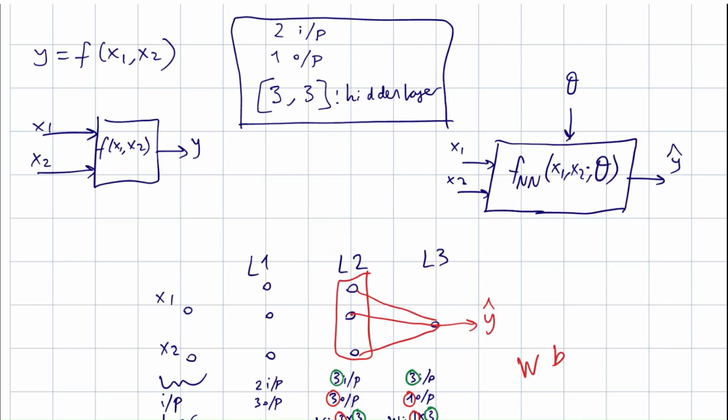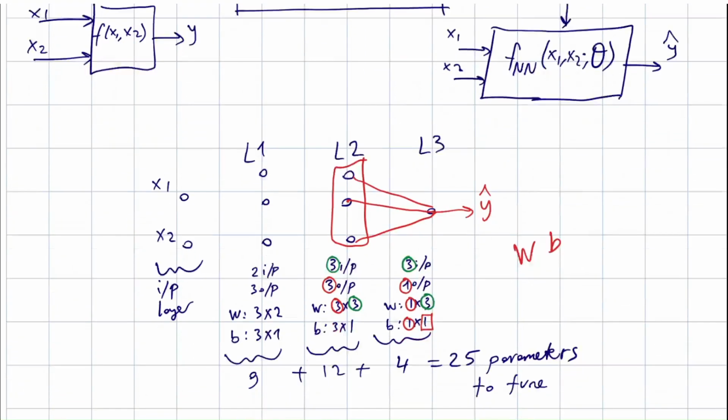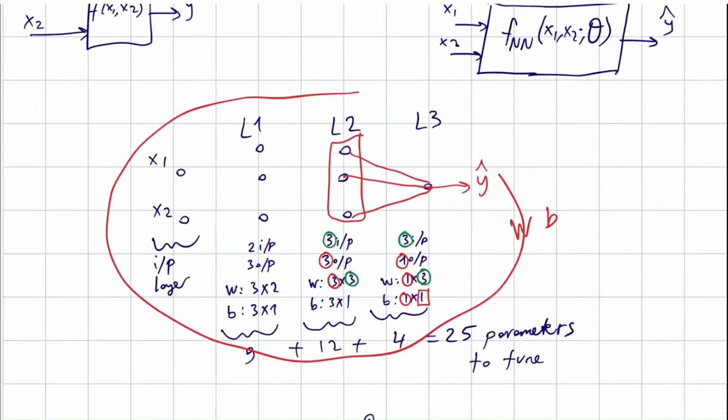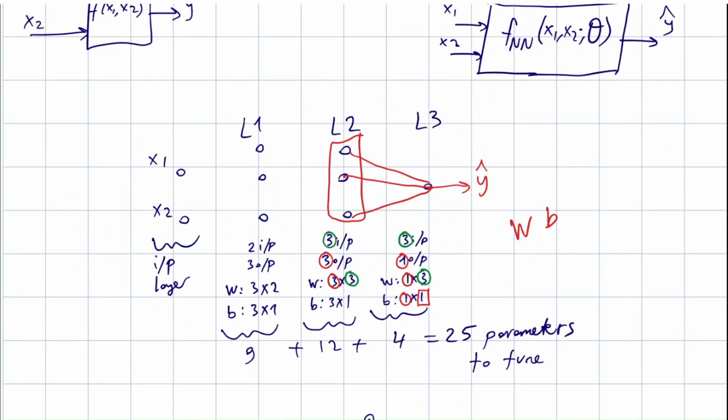Once you have those numbers, you can construct that diagram, and then you can determine the dimensions of the weight and bias matrices for each layer.